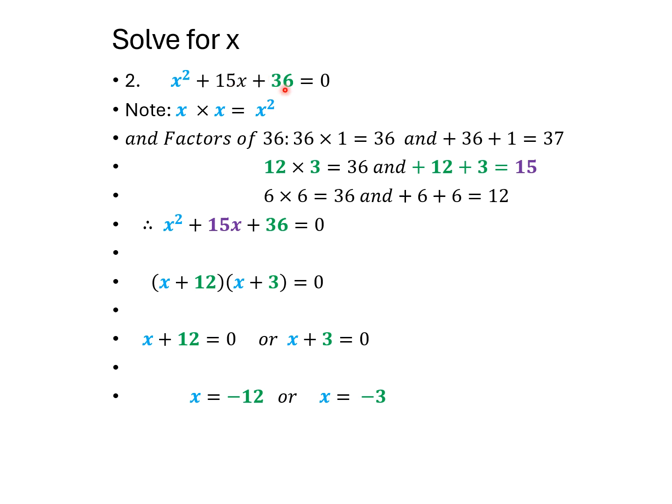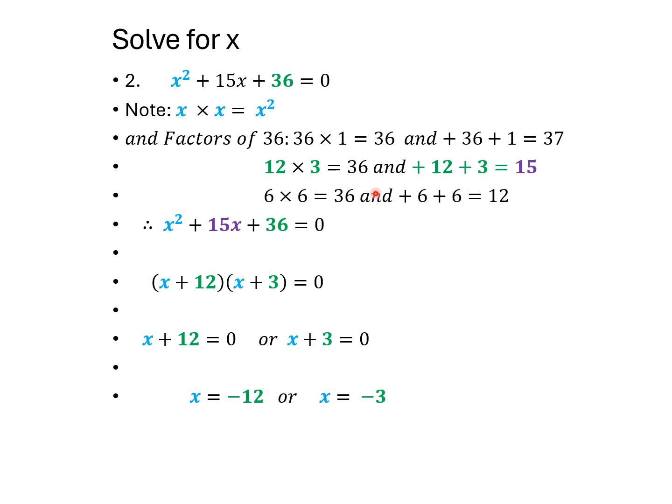Then if you go to the second factors of 36, I have 12 times 3, which gives me 36. But plus 12 plus 3 then gives me 15. Can also go to 6 times 6, which gives me 36. But 6 plus 6 then gives me 12. Take note, all the signs are positive because they have a positive second term and a positive last term.